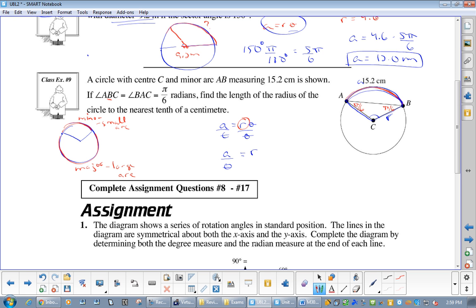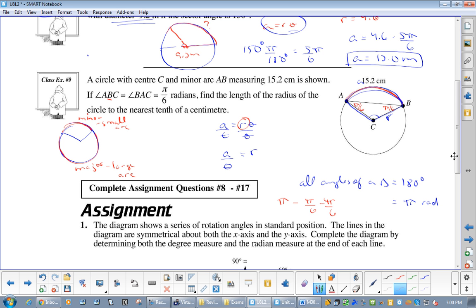What do you know about a triangle? All angles of a triangle equal 180 degrees, but now you know they also equal pi radians. Well, we would have to go pi minus pi over 6 minus pi over 6, right?